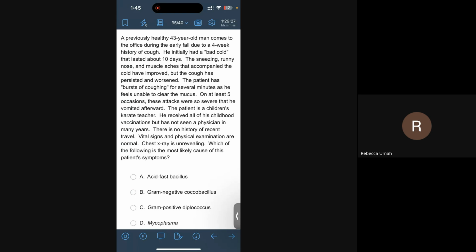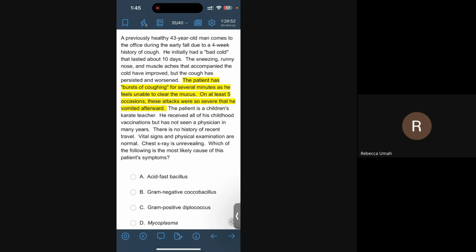The sneezing, running nose, and muscle aches have improved, but the cough has persisted and worsened. The patient has bursts of coughing for several minutes, unable to clear the mucus, and the attacks are so severe that he develops post-tussive vomiting.